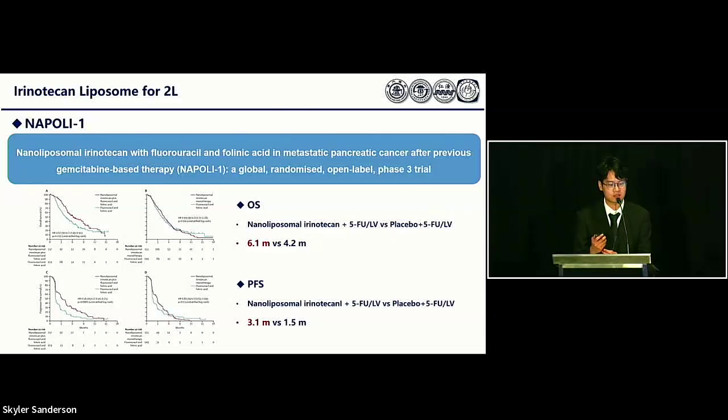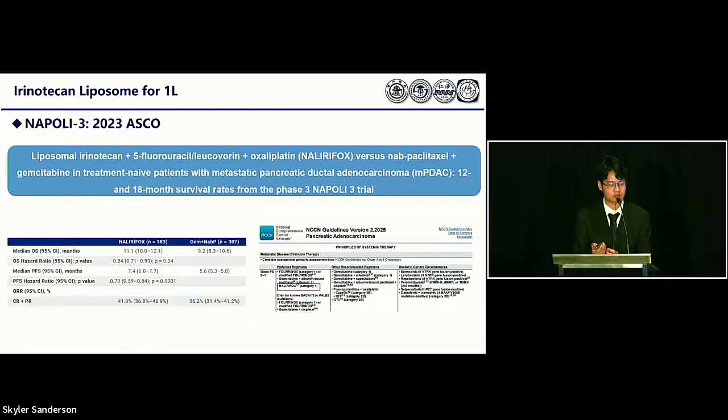We can see that compared to the patients who received placebo plus 5-FU and LV, the patients who received nanoliposomal irinotecan plus 5-FU and LV achieved more benefit in median OS and median PFS. So this regimen has been proven a successful second-line treatment for advanced pancreatic cancer patients, and also laid the foundation for future research.